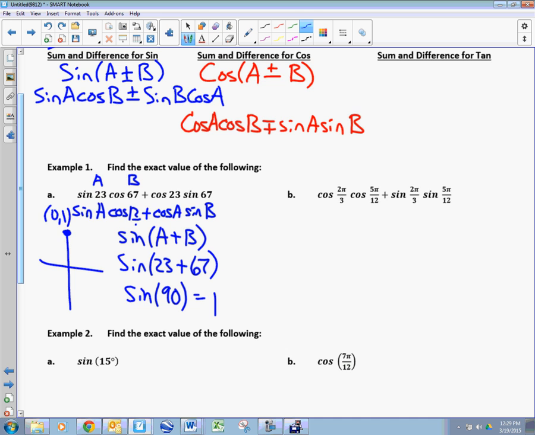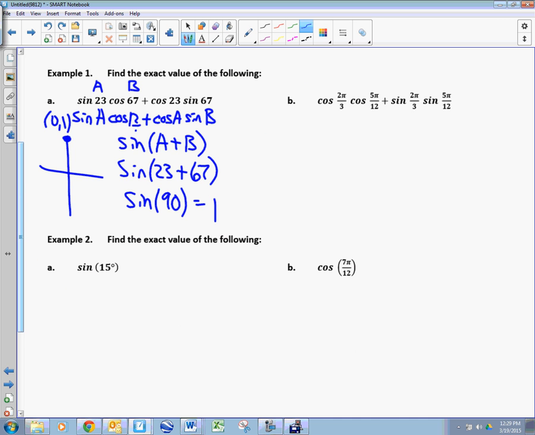Okay, B. This one looks like cosine of angle A times the cosine of angle B plus the sine of angle A times the sine of angle B. So, as I write what that formula is equal to, is this a sine or a cosine formula?